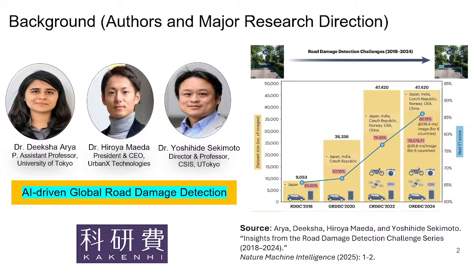In 2018, the performance was only 65% for Japan, but when we extended it to 6 countries and had multiple solutions, the performance improved to an 86% F1 score. If you are working in this area or if any of your students want to explore, please refer to these datasets or the Big Data Cup competitions, where we invite researchers from all over the world to propose their solutions using this dataset.